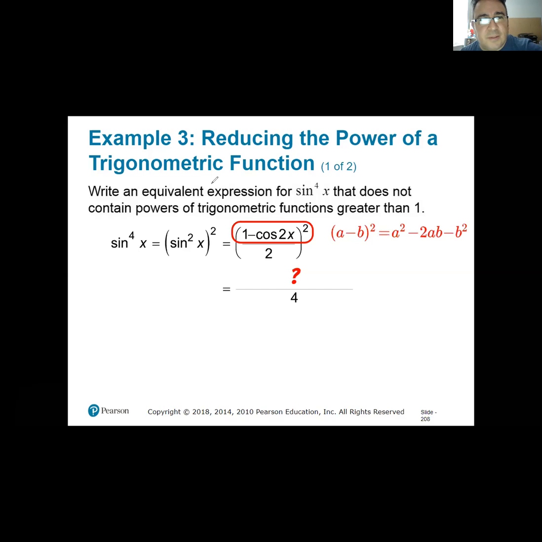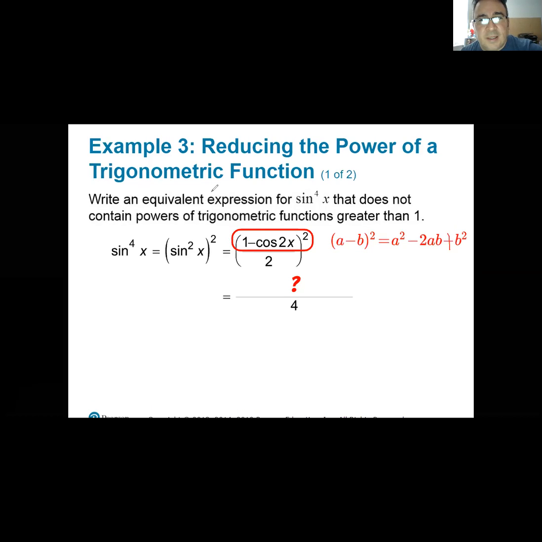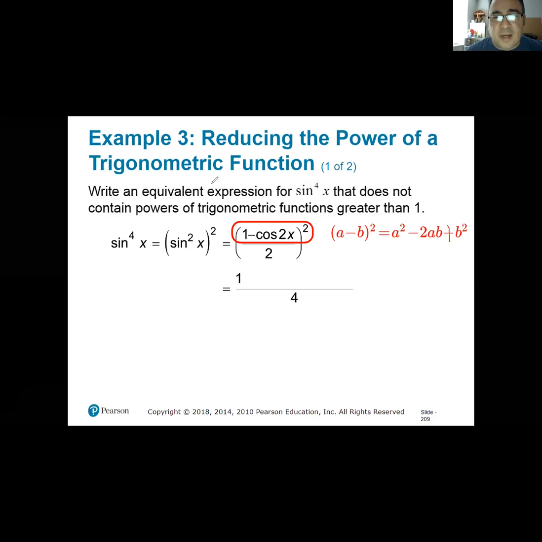So now my a is a 1 and my b is cosine of 2x. So it's going to be 1 minus 2 times cosine of 2x plus cosine squared of 2x.